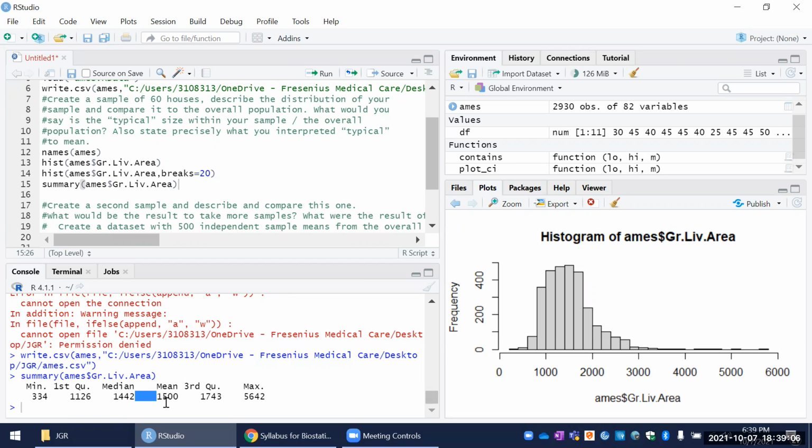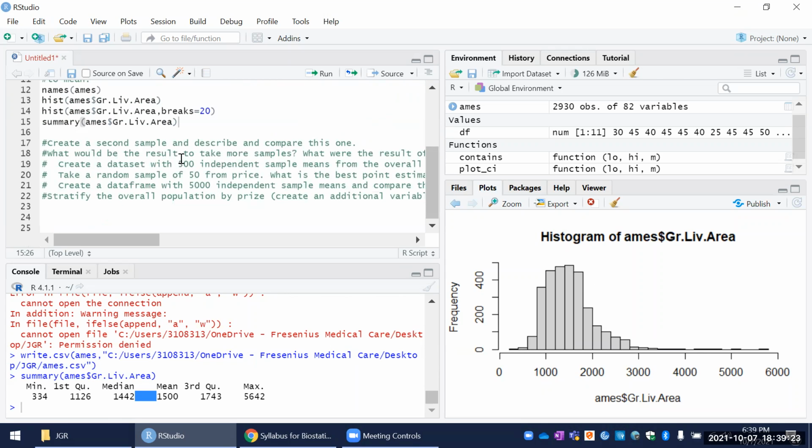Whereas the mode, which is the most frequently occurring value, will not change at all because of the outliers, because there's no arithmetic dependency. Please make sure that you understand this concept fully.